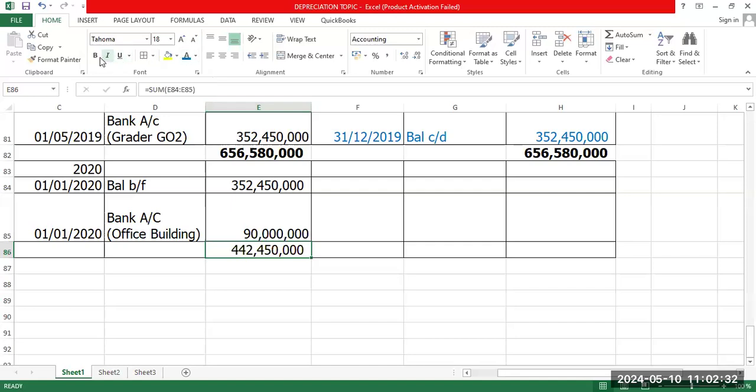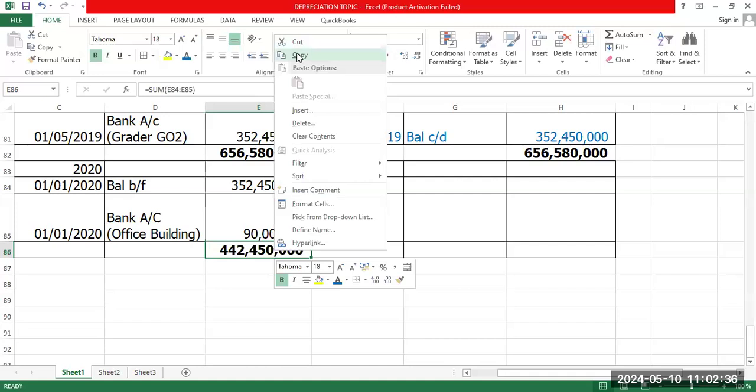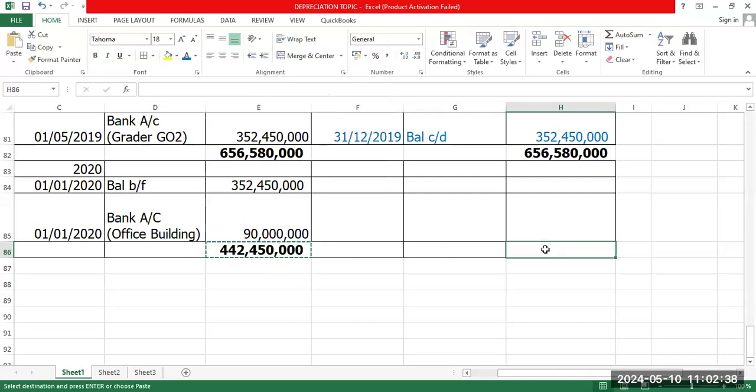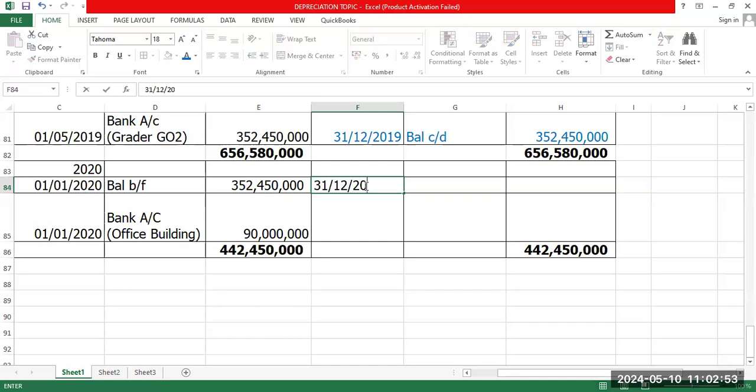This total, take it to the other side. Put it here. Then the balancing figure, you are balancing on which date? On 31st December 2020. And what you're putting here is balance carried down, and the balance is actually this.